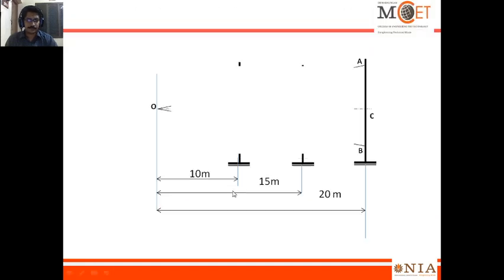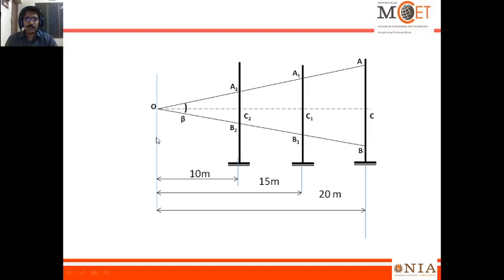See here, the instrument is set up, and for a known distance of 10 meters, the staff is held and the readings are taken: top, middle, bottom. The staff is then moved to another point for a known distance of 15 meters, and again top, middle, bottom, and another known distance, say 20 meters, with another top, middle, bottom. Now for distance 10 meters, D is equal to K S1 plus C. What is S1?